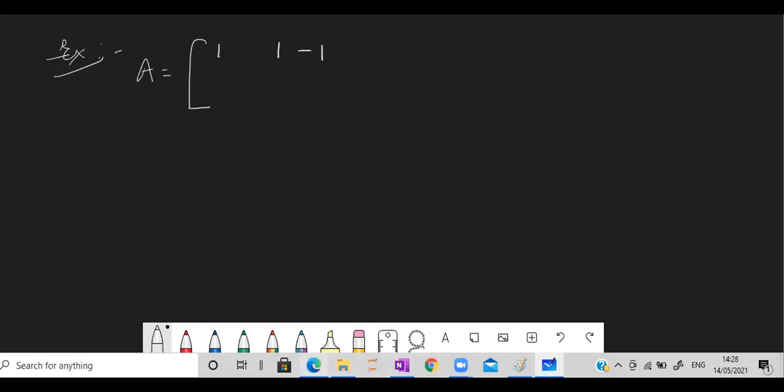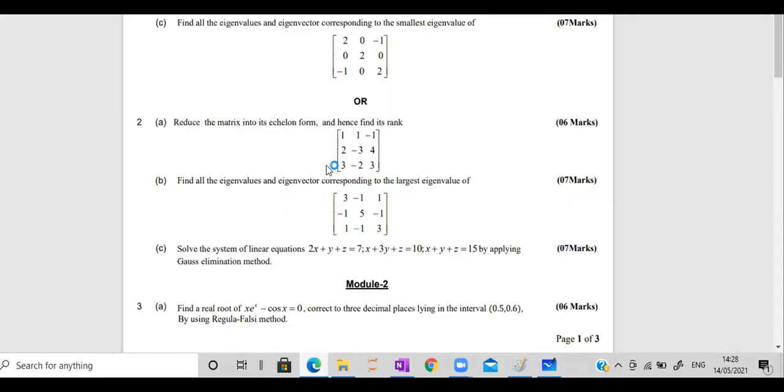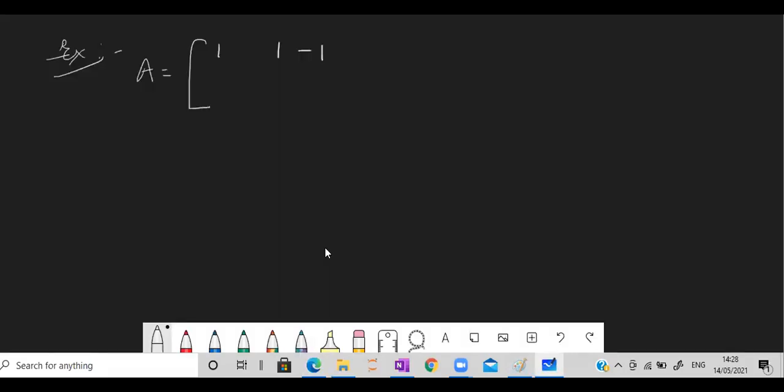Am I right with the question? Just remember 1, 1, minus 1. 2, minus 3, 4. And then you have 3, minus 2, 3. Am I correct? Just check. Yes, ma'am. If you write even one element wrong, the rank is also going to differ. Yeah, let us take this.